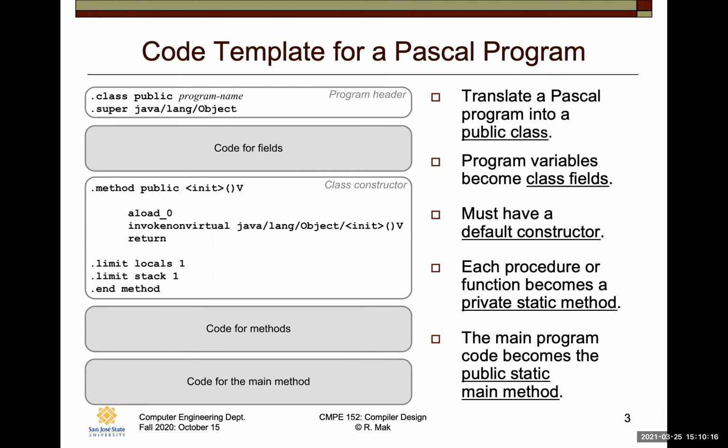So if your global variable is named X, then the operand of the instruction would be X. But if X is a local variable to a procedure or function and it's in slot 5, then the instruction would have a 5 instead of X. So that's just the way Jasmine is, and we just have to get used to it.